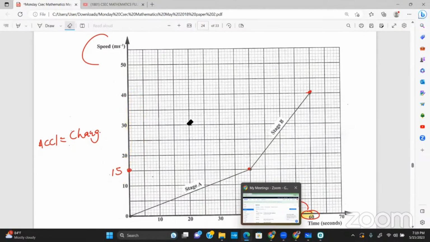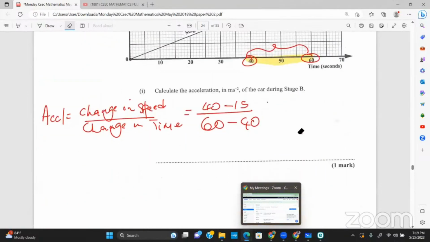So we're dealing with those. 40 minus 15 gives us what? 25 over 20. And 25 over 20 is about 1.25 meters per second square. There you go. Just like that.